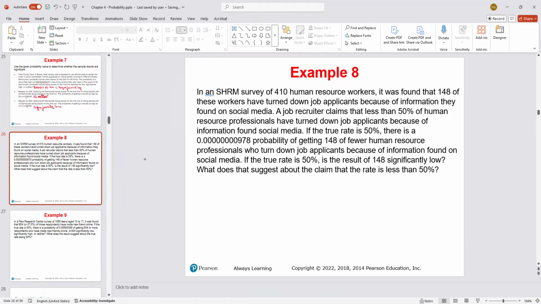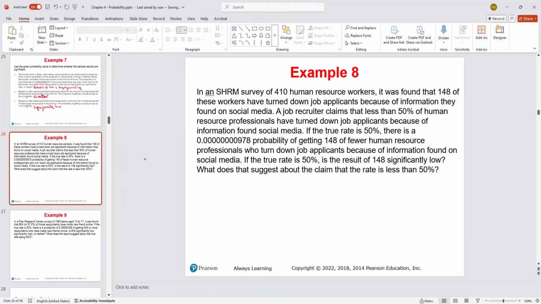A job recruiter claims that less than 50% of human resource professionals have turned down job applicants because of information found on social media. If the true rate is 50%, there is a 0.0000978 probability of getting 148 or fewer human resources professionals who turn down job applicants because of information found on social media.